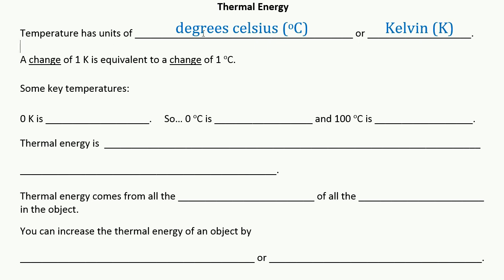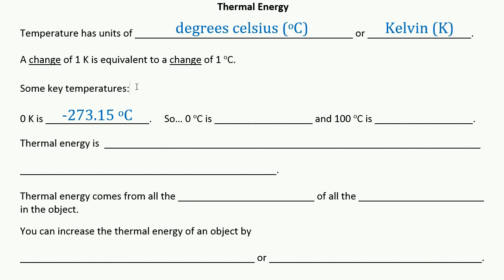So these are two very similar scales in that a change of 1 Kelvin is the same as a change of 1 Celsius, but they start at very different positions. So some key temperatures. 0 Kelvin is minus 273.15 degrees Celsius.